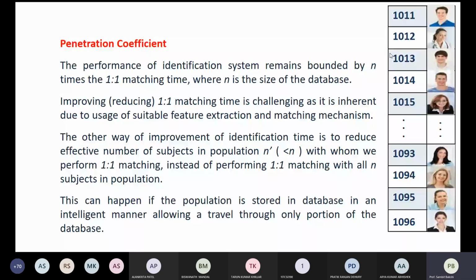That can be achieved only by reducing the number of 1:1 matches, not by reducing the time of a single 1:1 match. We cannot do that. So there are two parts. Total time of identification is the number of 1:1 matches multiplied by the time taken by a single instance of a 1:1 match. One cannot be reduced, the other can be reduced. So now our target is to reduce this number of matches.